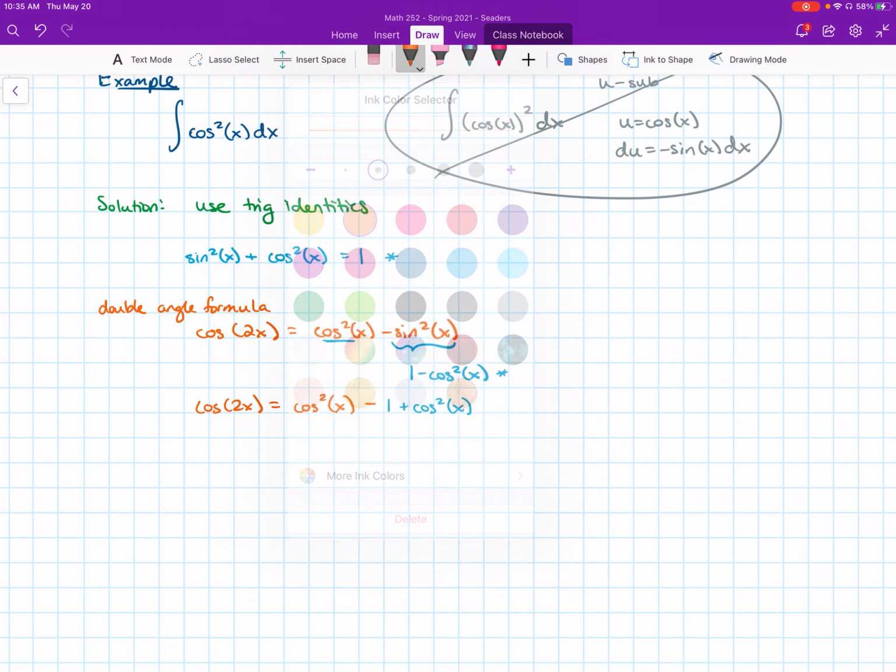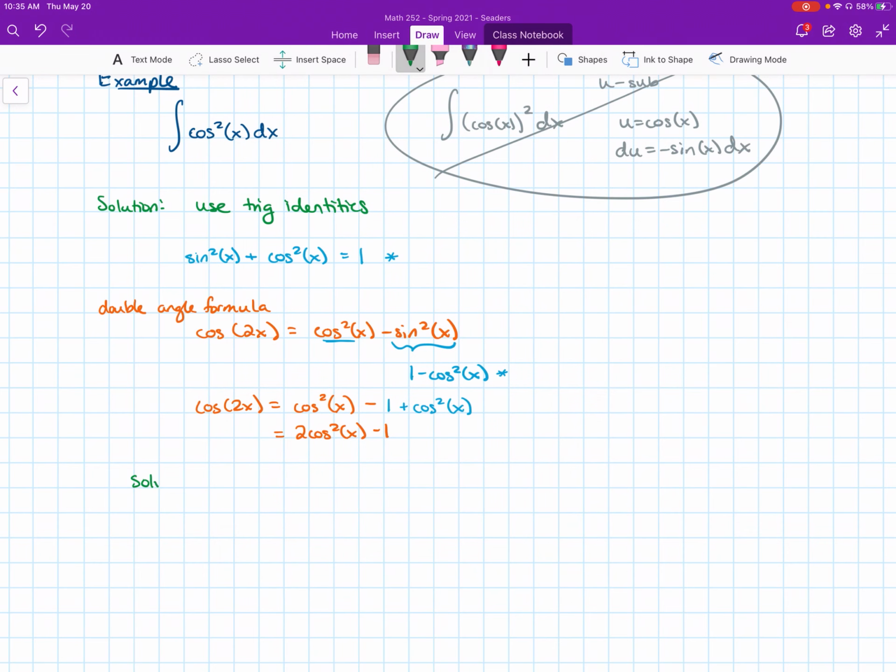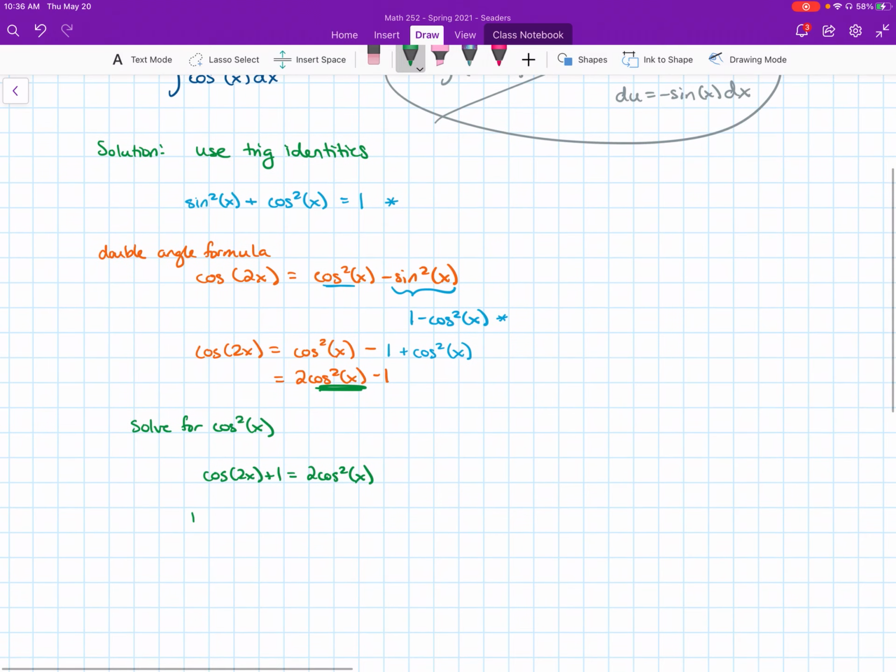Which means that cosine of 2x is actually 2 cosine squared of x minus 1. And now I can solve for cosine squared of x. So I'm going to add 1 to both sides, and then divide both sides by 2, or multiply both sides by 1/2.